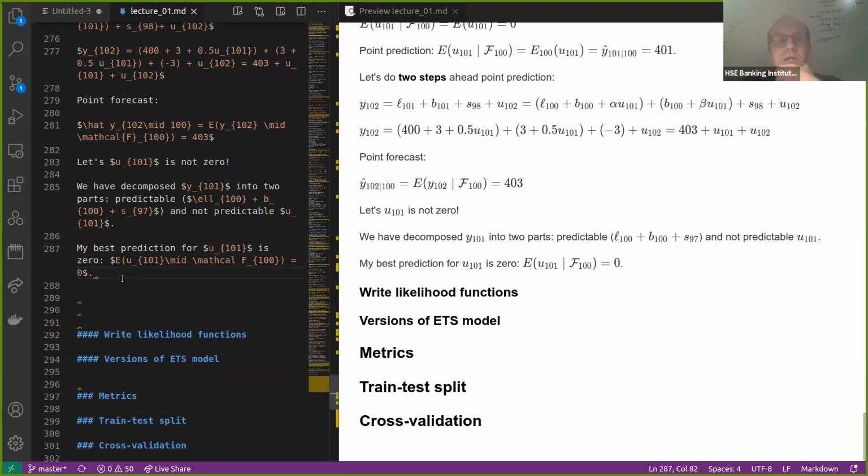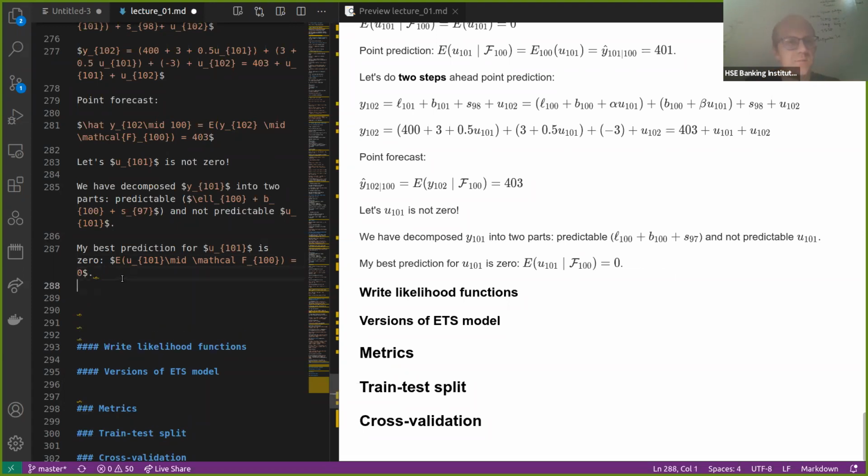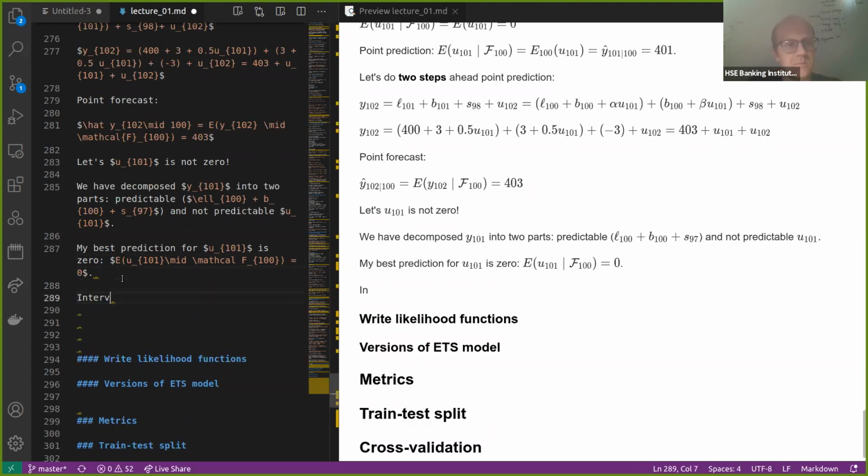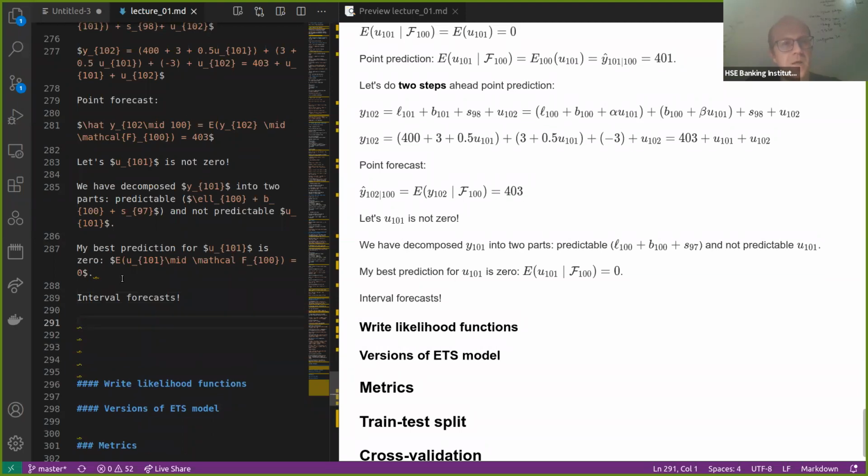Okay, now let's move on to interval forecasts. With interval forecasts, we just calculate variance. Let's calculate conditional variance.